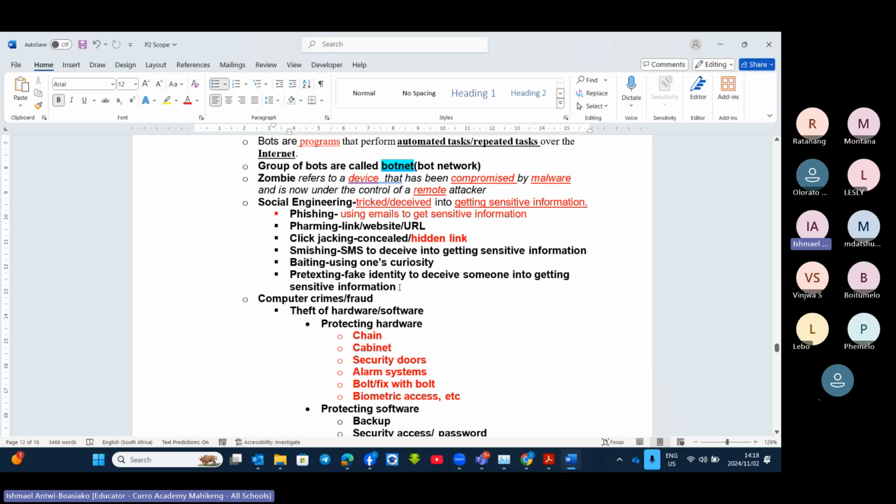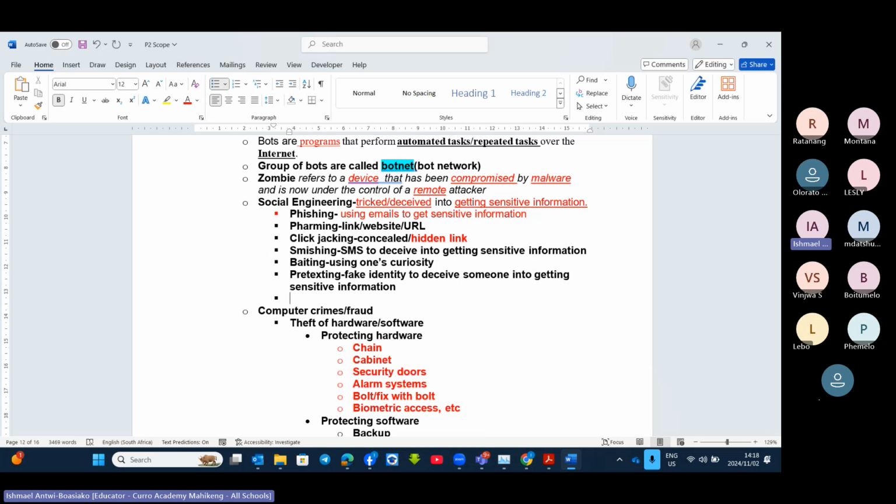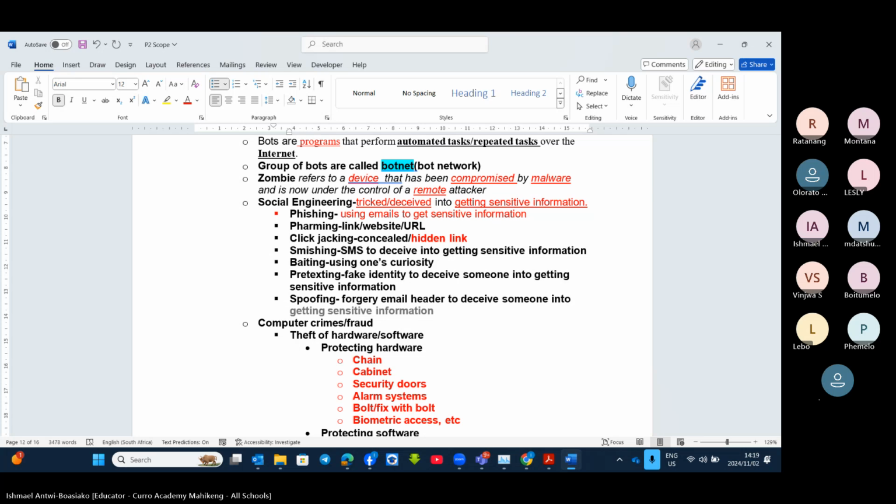And then another question that I saw here is spoofing, which is forging an email header to deceive someone into giving sensitive information. For instance, they can forge an email header so that you think it's coming from your principal.